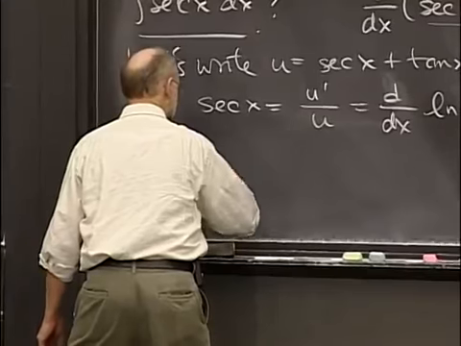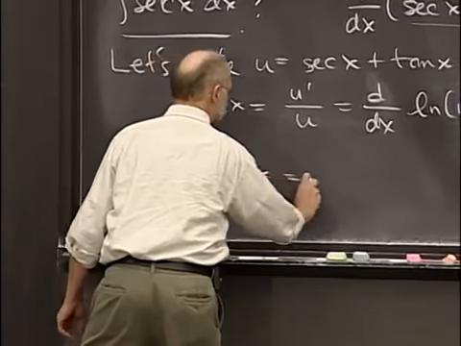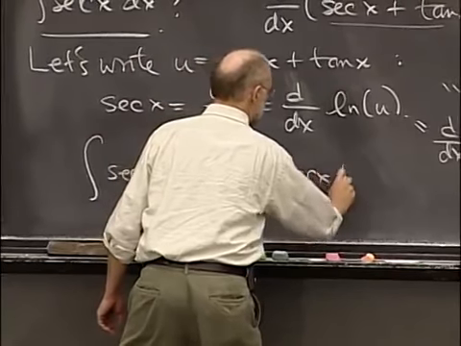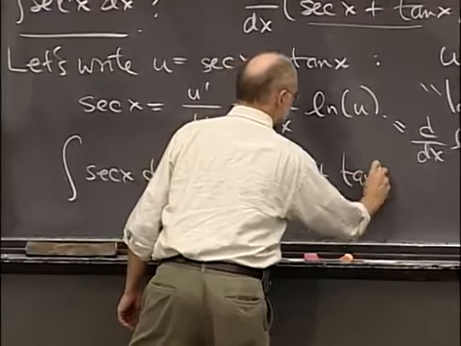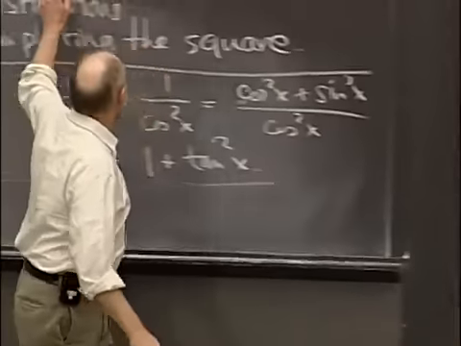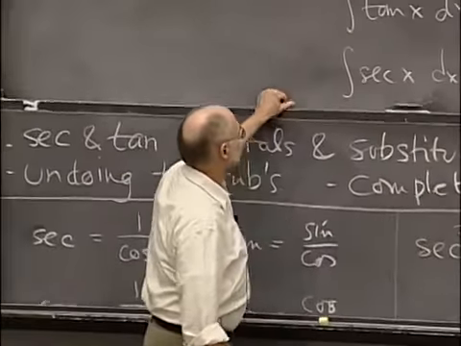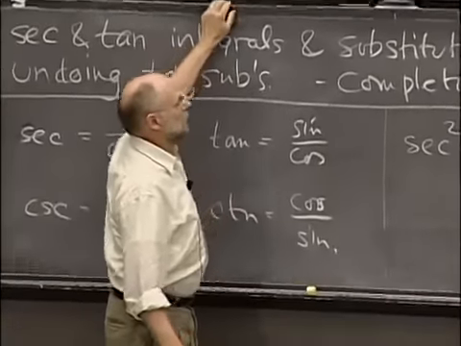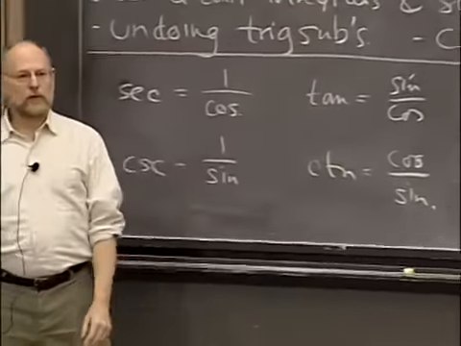That says that the integral of the secant of x dx is the natural logarithm of the secant of x plus the tangent of x. So that's the last line in this little memo that I created that we can use now for the rest of the class.